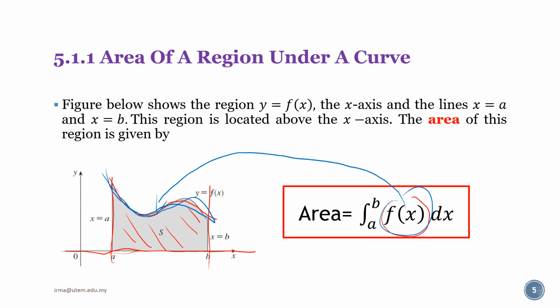We integrate that function and put the limits from a to b. So this is the formula for area, where area is equal to the integral of f(x) dx from a to b.